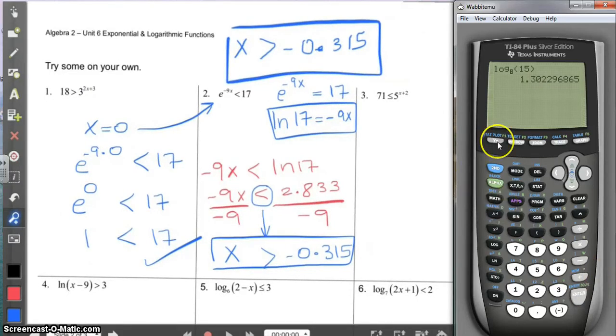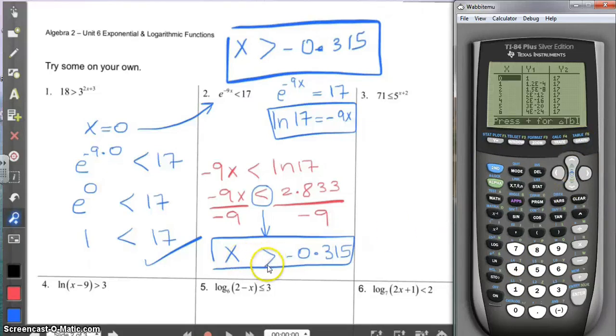You can go to y. You can put e to the power negative 9x. So you put the first one on y1, and the second part you put 17 on y2. And then you go to second table, and let's see for what x values.